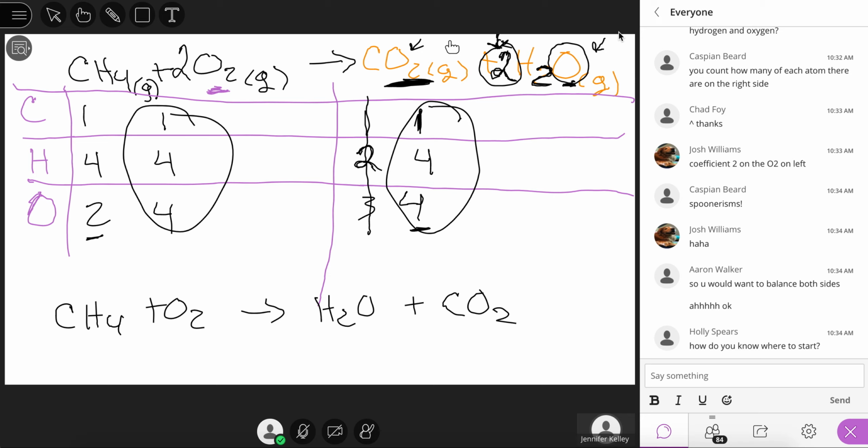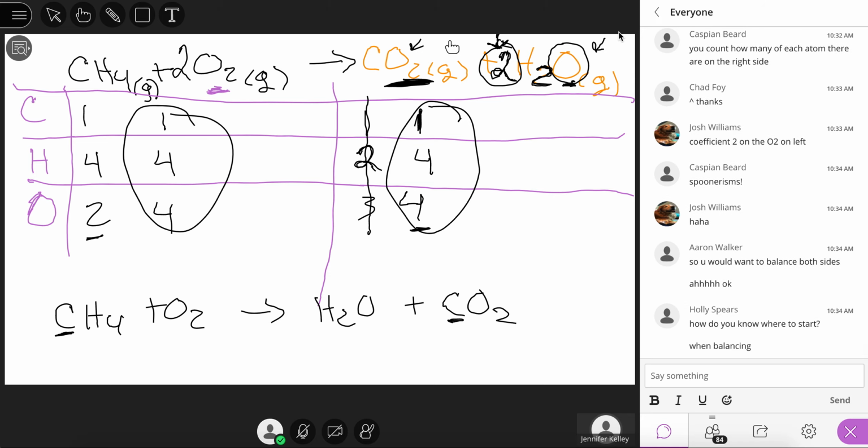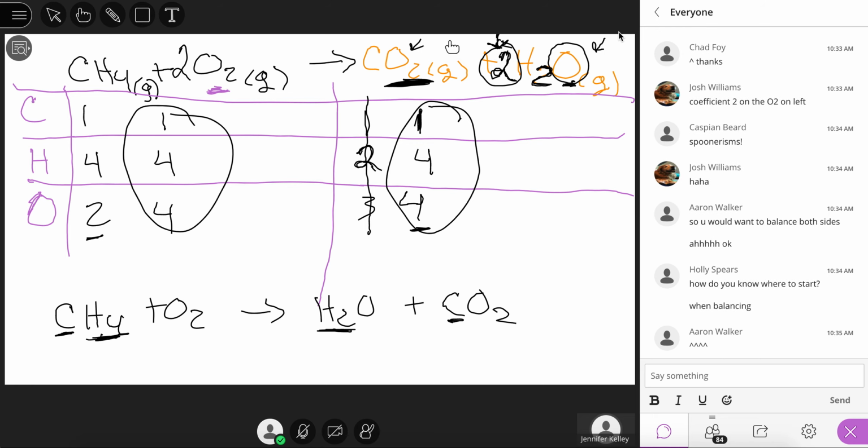So if we did that, then on the left, I start with 1 carbon, I end with 1 carbon. Good. This one, I start with 4 hydrogen, I've destroyed 2 hydrogen here. They went into oblivion. See, that won't happen. And then here I have 2 oxygen, and now I have 3 oxygen. So maybe I converted the oxygen from the hydrogen that disappeared, but see, that doesn't actually happen. So this is due to the law of conservation of matter.